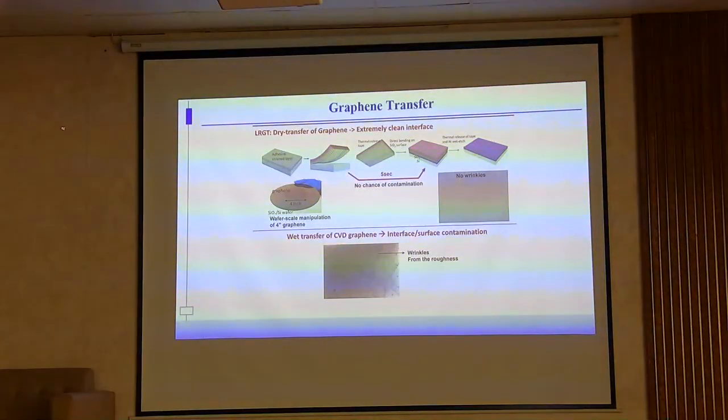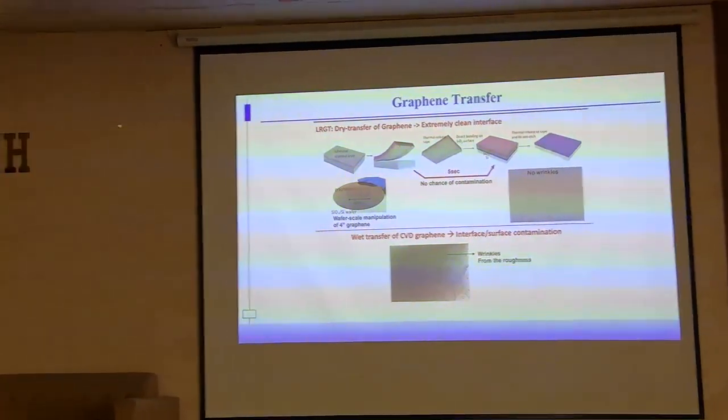Then you can put it wherever you want and go for the thermal release of the tape. You increase the temperature, you can take the tape off, and then simply you have graphene on the substrate. If there are some impurities, you can again heat it, anneal it in the presence of argon. If there is any contamination due to this adhesive tape, that will be gone.